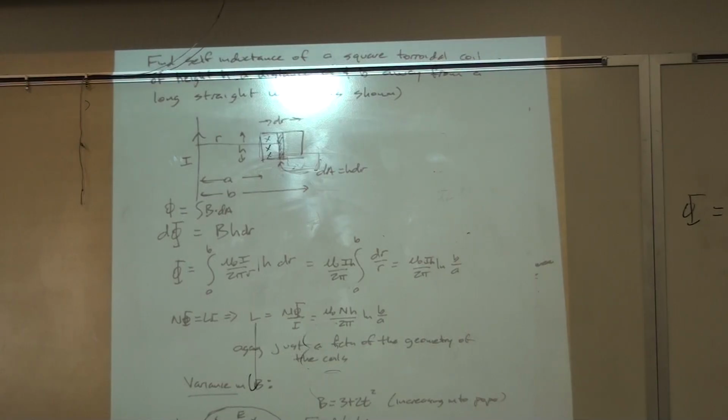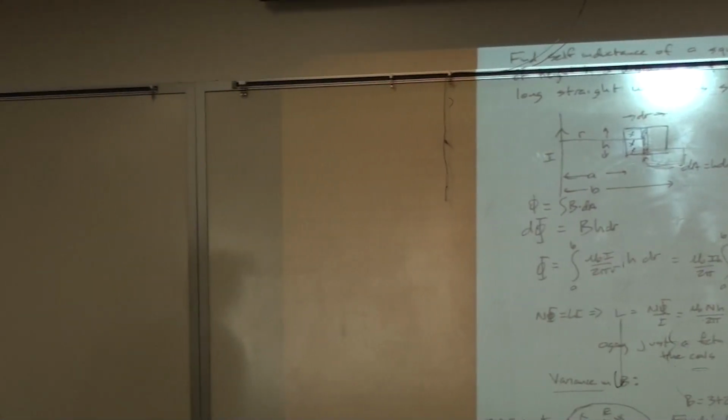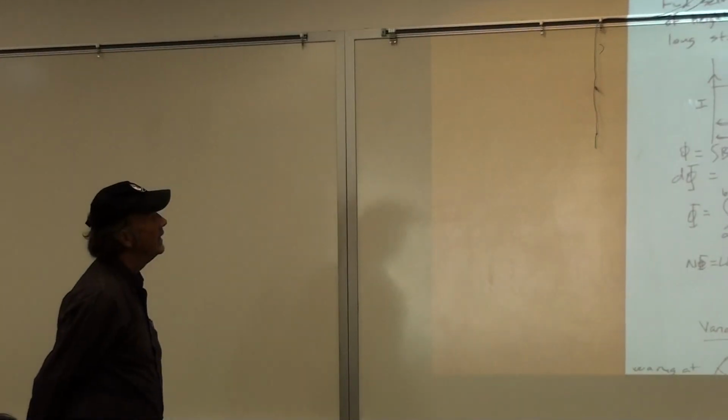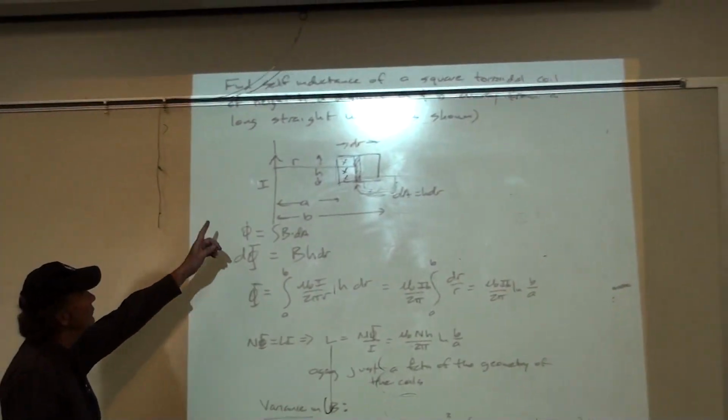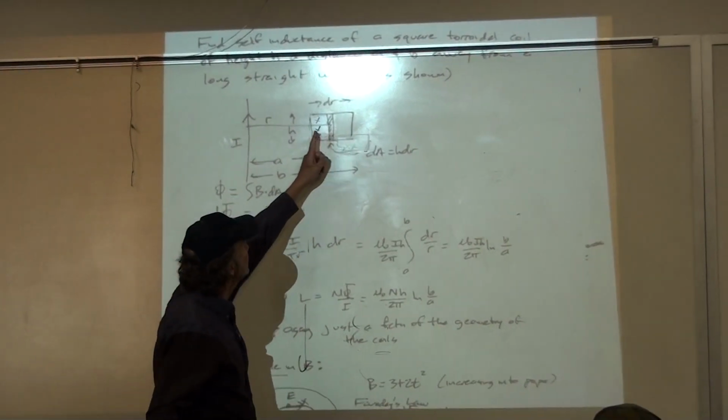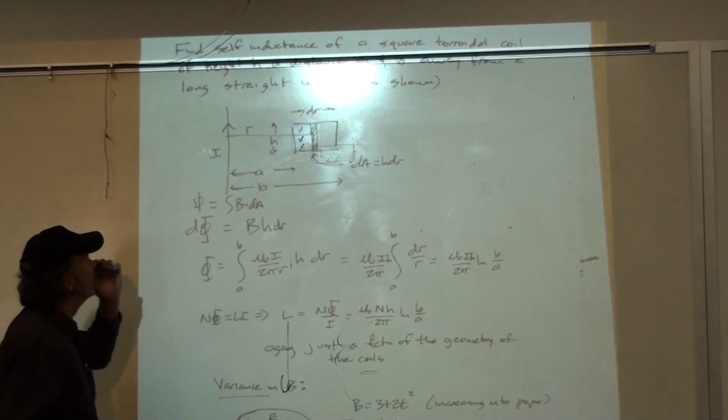Okay, so we're at that distance away, and we have n turns. Each one of them is a square of height h. Okay, and we are going to generate flux through this with a long straight wire that's somewhere else.